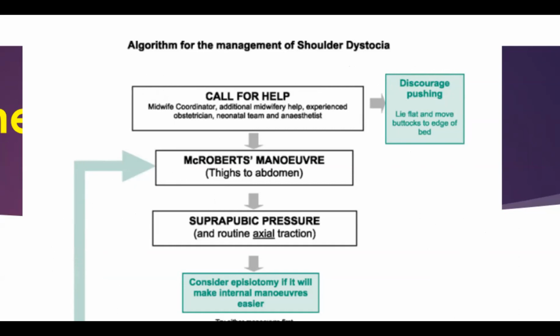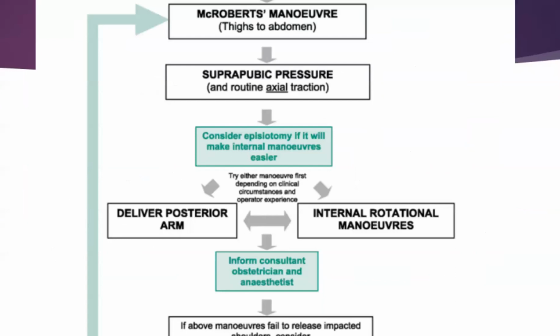If this fails, suprapubic pressure 97%, so it's only 3% will fail to deliver. So I will consider here episiotomy, and I have to tell the ST1 that shoulder dystocia is a bony obstruction, and episiotomy will not help with the bony obstruction. However, it will help me to do internal maneuvers or to deliver the posterior arm.